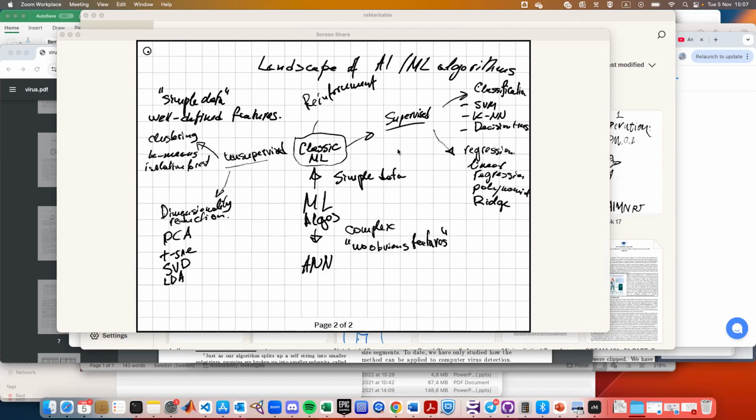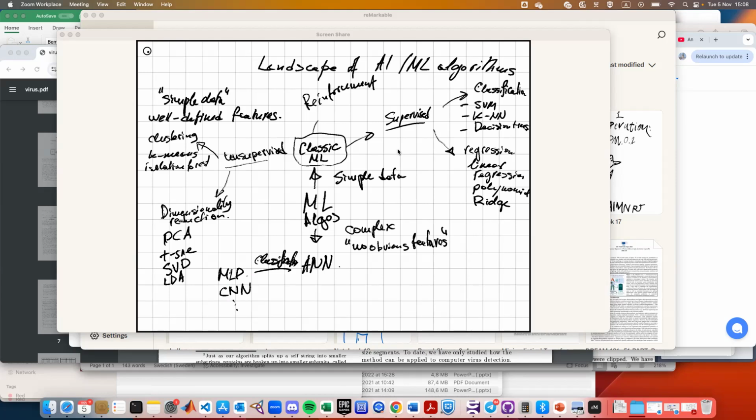Of course. And here again, we have a number of algorithms serving different purposes. For classification tasks, we have MLP, multi-layer perceptron, CNNs and such.